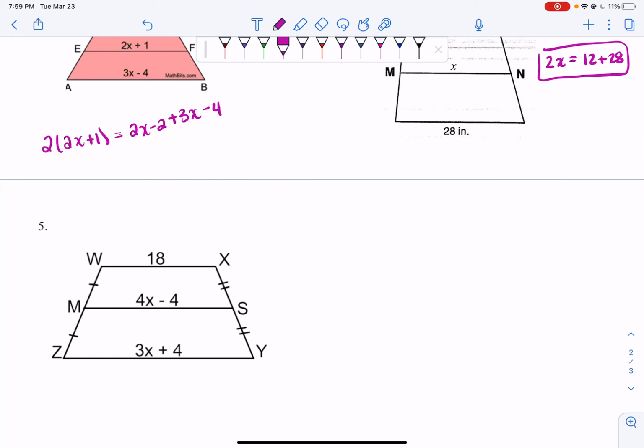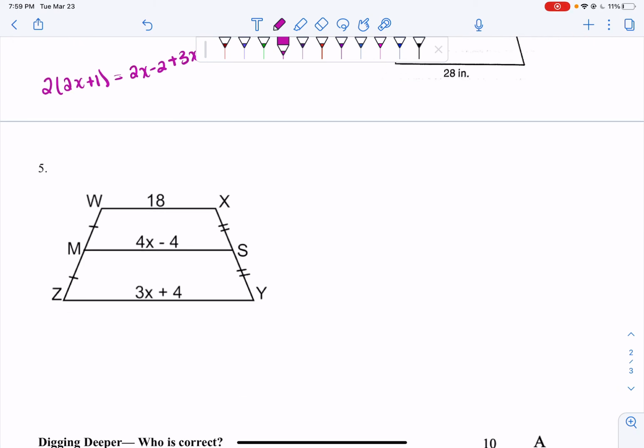Number 5. First, we identify our median. So our median is 4x minus 4. So I'm going to do 2 times (4x minus 4) and set it equal to my base plus my base. I have a base of 18 and a base of 3x plus 4. And that would be my final answer.